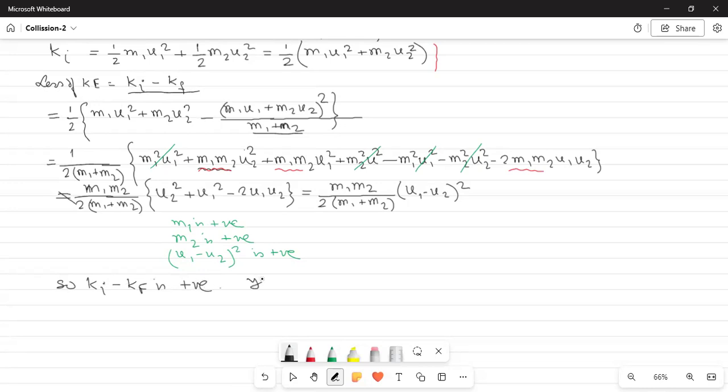That means there is a loss of kinetic energy. In fact, this is where your chapter of collision ends.